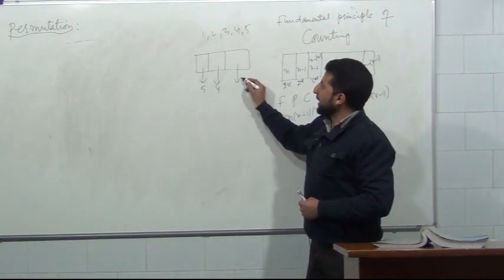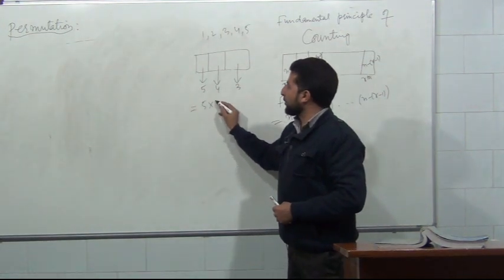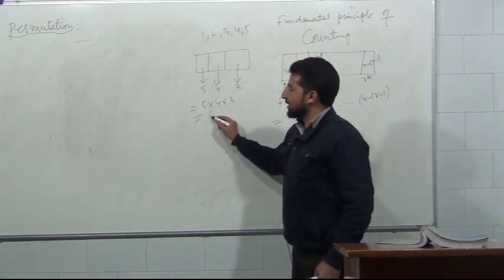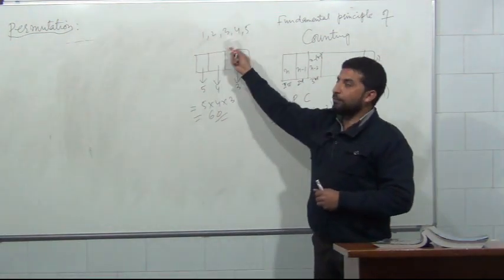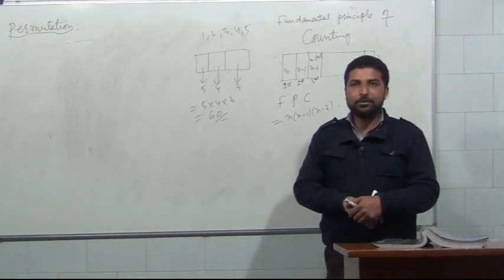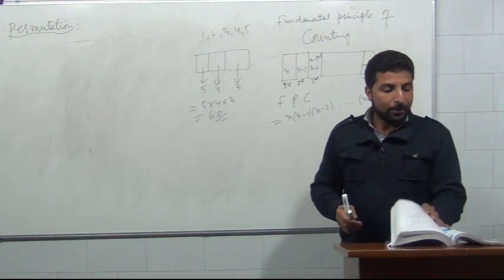And to fill the third place, you have just 3. By fundamental principle of counting, the total ways is 5 into 4 into 3. That is 5 4s are 20, 20 3s are 60. You have 60 such numbers formed by 1, 2, 3, 4, 5, using 3 digits at a time. Okay? Now, let us start.